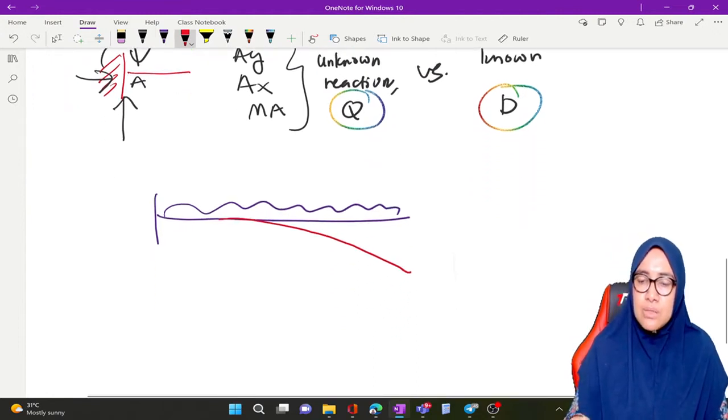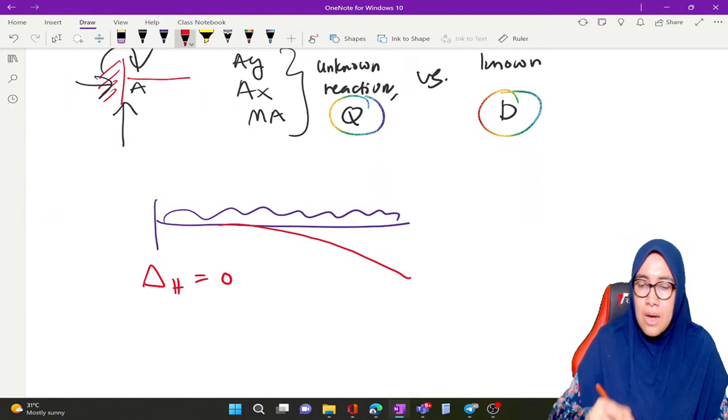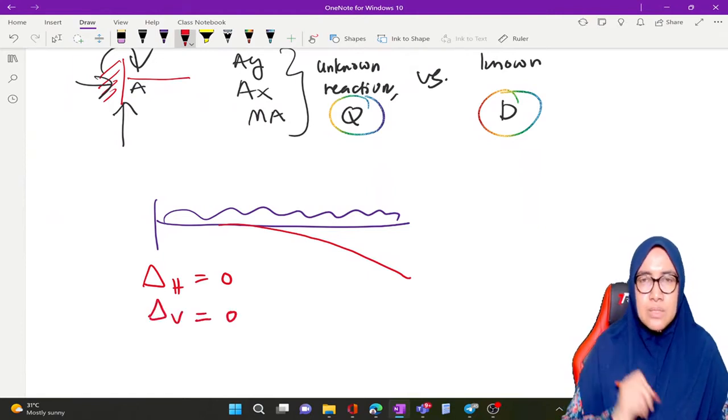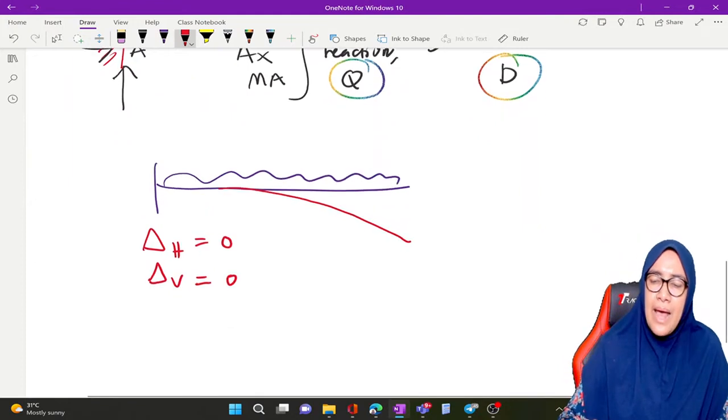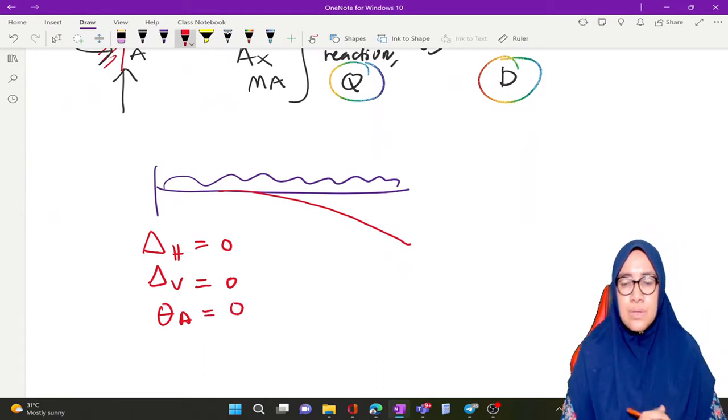That is because there is no horizontal displacement at A, equals 0. Vertical displacement at A equals 0. And there's no rotation as well: theta at A equals 0.